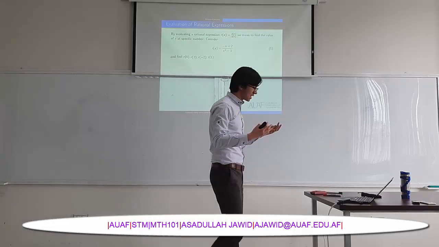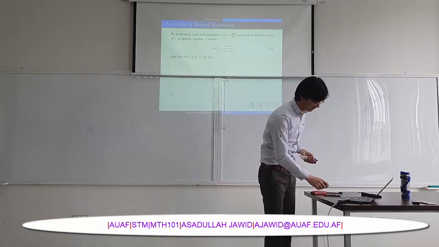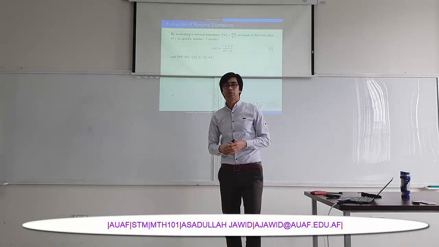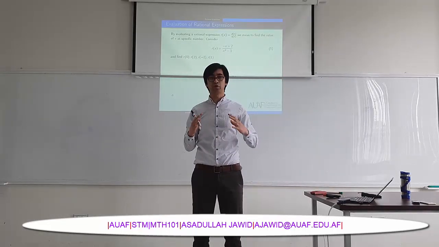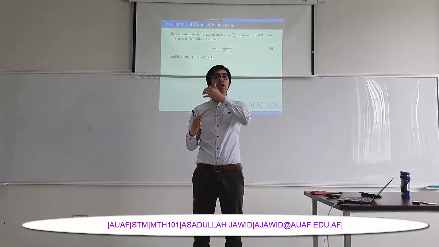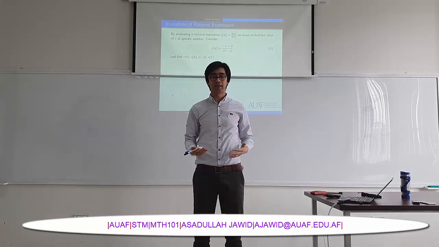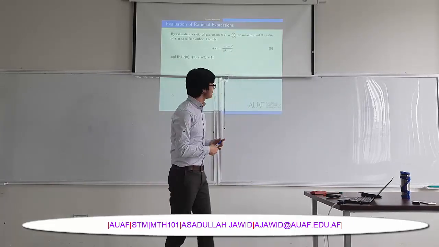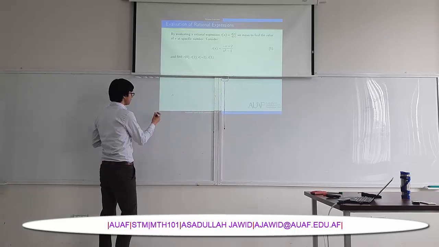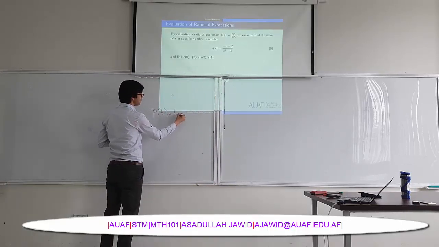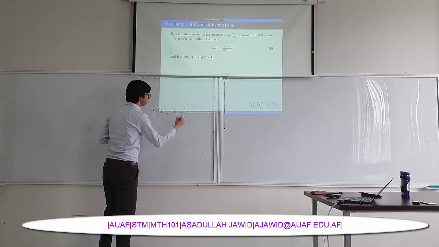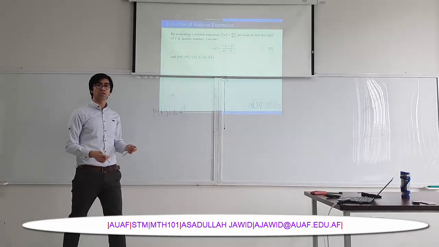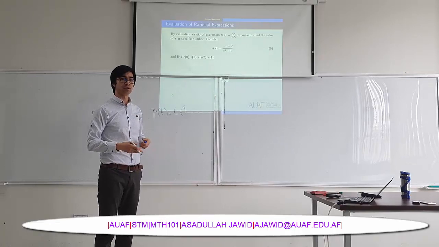Now, evaluating a rational expression at a given number. Do you remember we studied how we can evaluate a given polynomial at a given number? Let's consider a polynomial P of t is equal to 1 minus t to the power 4. This was a question in midterm 2 as well.